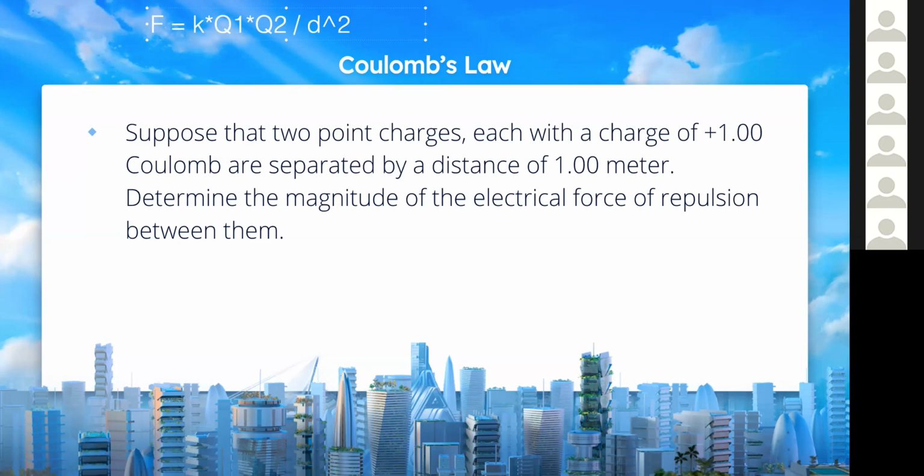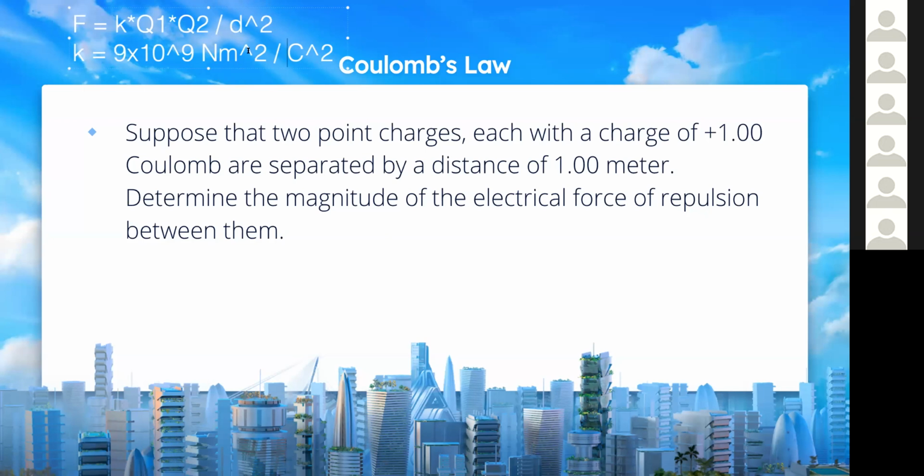Okay? And remember that K equals 9 times 10 to the 9th Newton meter squared per Coulomb squared. That's a hot mess. Not having superscripts is killing me. But that is the formula, and here's the value of K.